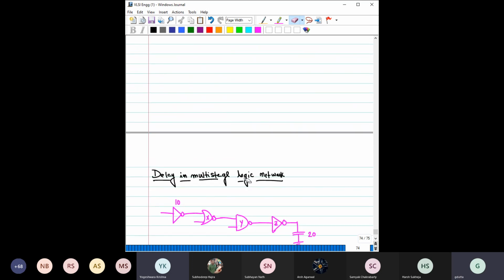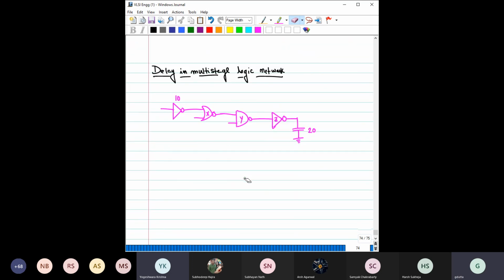I was thinking that we will do this next, but if we start, I think we cannot finish it. So here, now we have understood the parasitic delay and the logical effort for different gates.